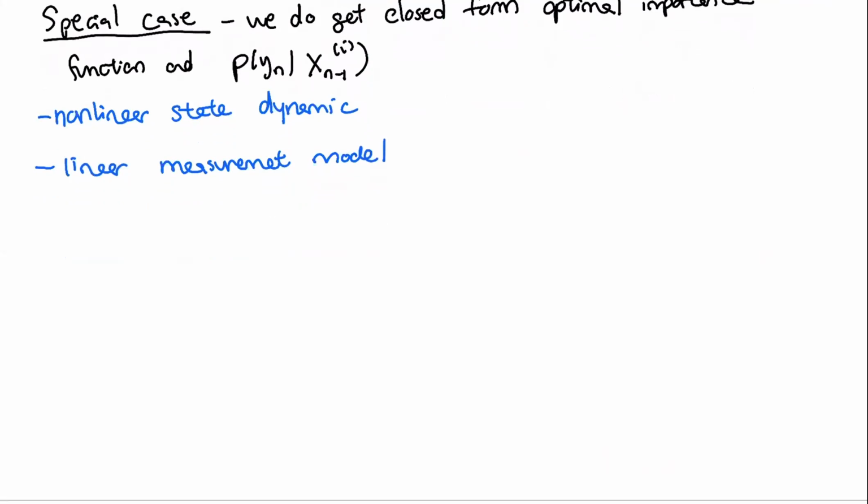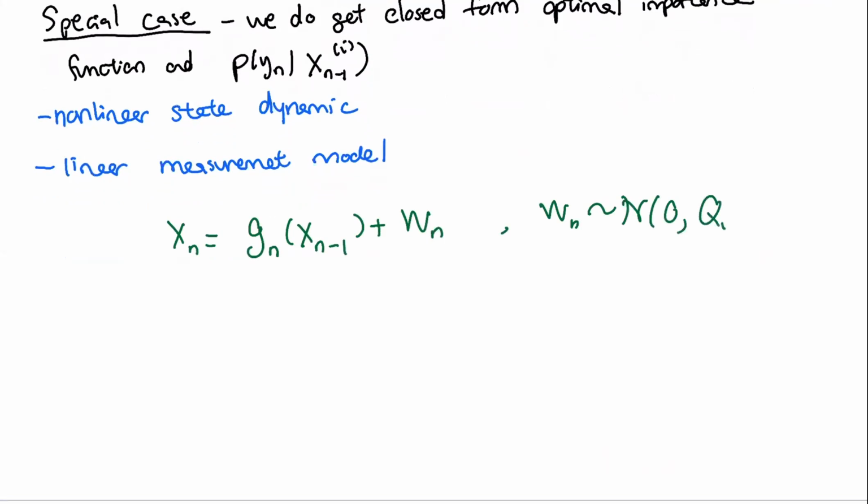So for example, x at time n is some nonlinear function of x at time n minus 1 plus some noise, which again is assumed to be Gaussian. So in general, we have a zero-mean Gaussian with some covariance matrix. But the measurement model is going to be a linear function of the state.